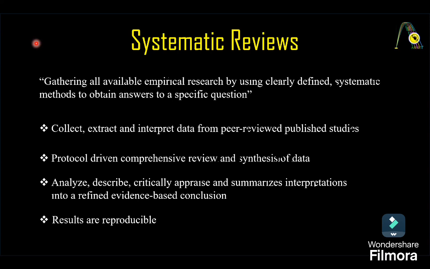So they are a culmination of all of those. You gather all available empirical research by using clear, defined, systematic methods to obtain answers to a specific question. So you basically culminate all those studies in order to get your results. It also follows a methodology as well.